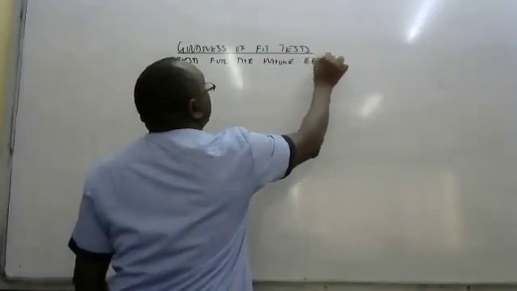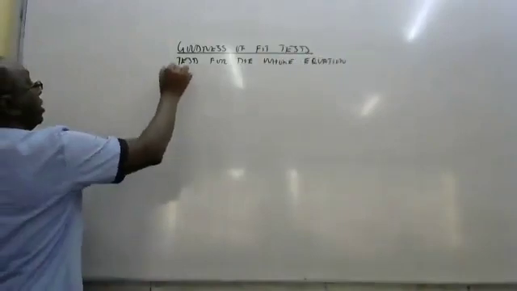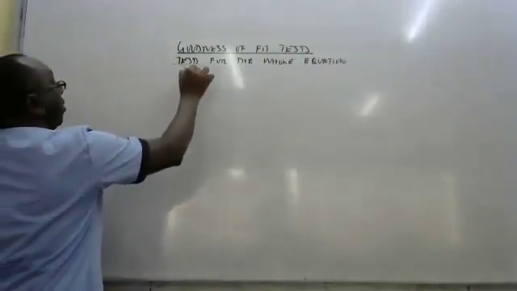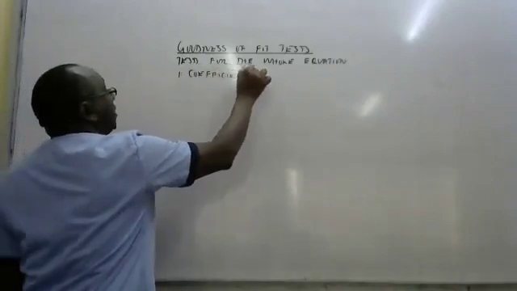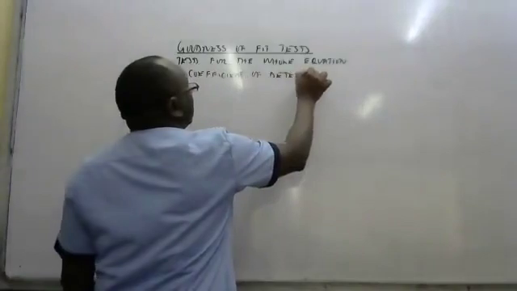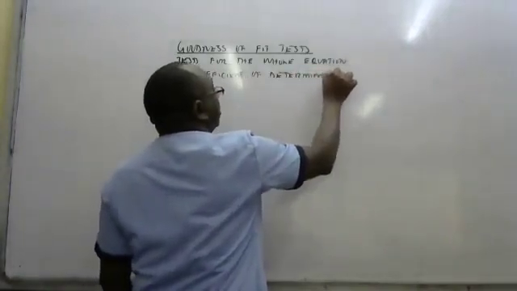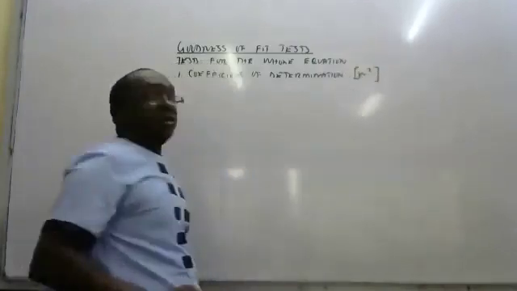For the whole equation. Now, under the whole equation, number one, inaitwa coefficient of determination, R square, that is how it's denoted.